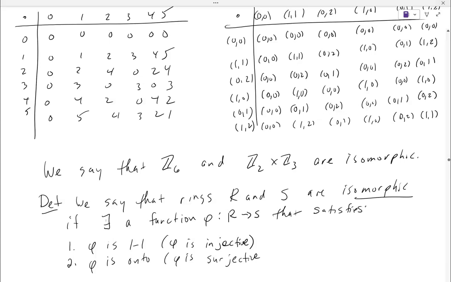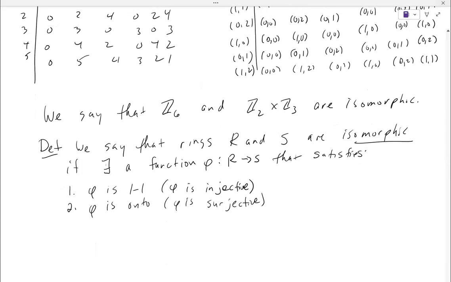Oh, I guess there is a third fancy word that I'll talk about as well, besides those two. All right, so it needs to be injective and surjective. When you put injective and surjective together, these two together as a word is bijective. Because it has both jectives.